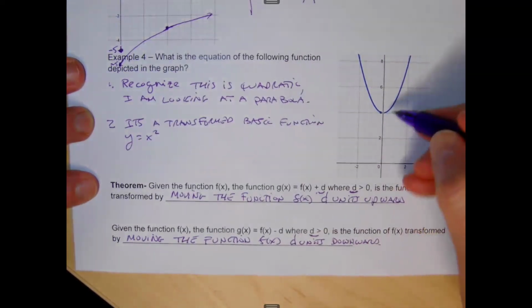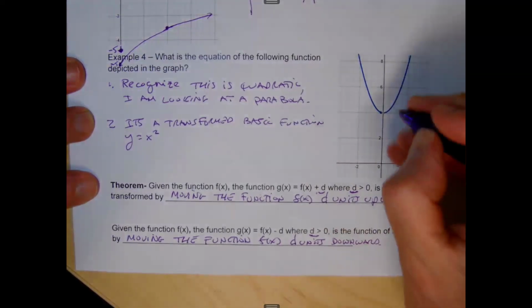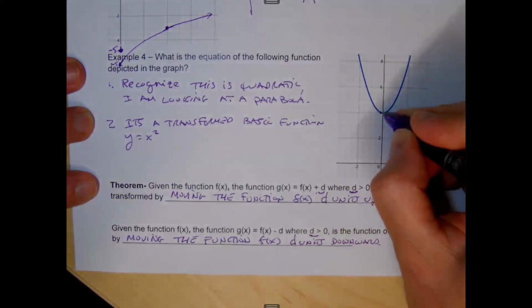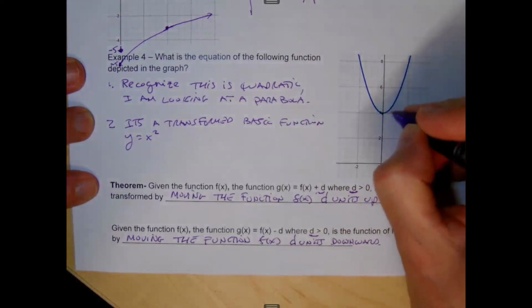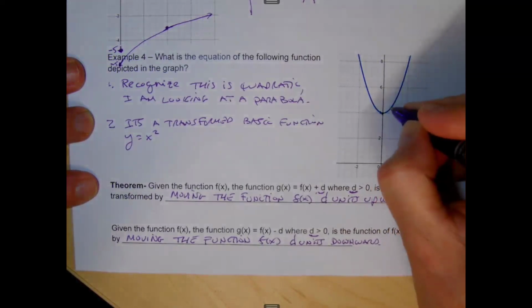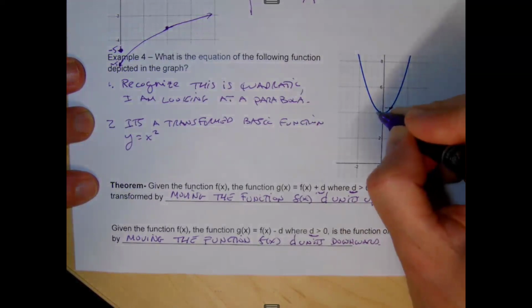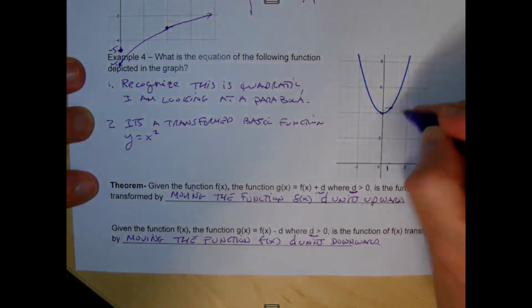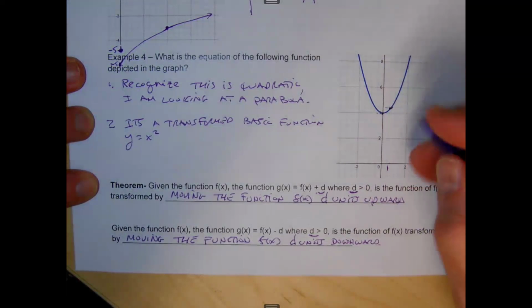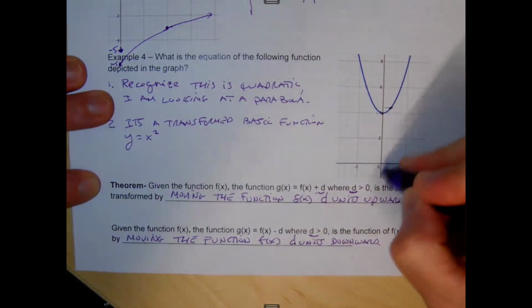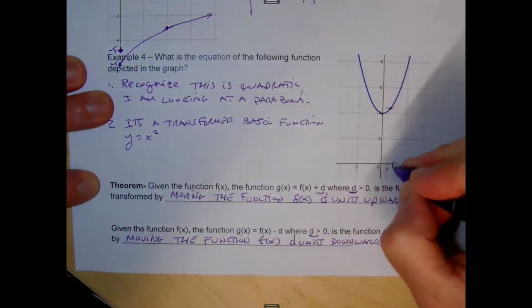And then how can I make sure there's nothing weird going on? Let me check a couple of things. If I go 1 unit over, I get a shift of 1 unit up. Oh, sorry, that's not a 1 right there. The 1 is located right there.